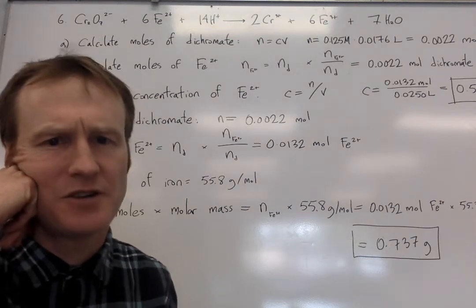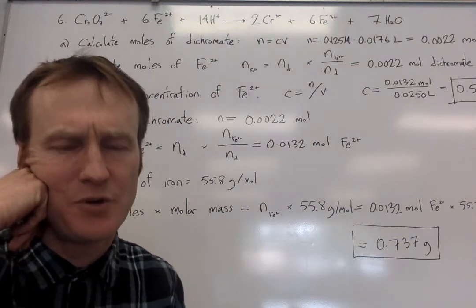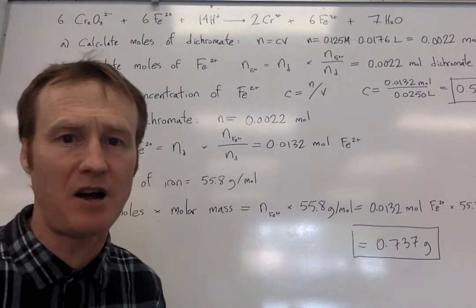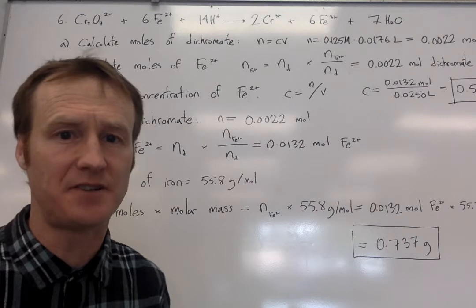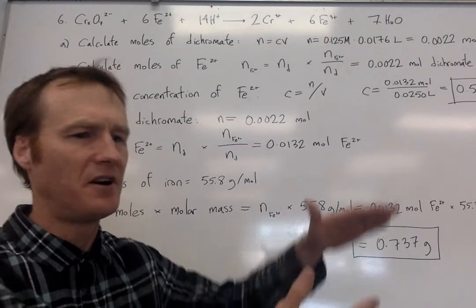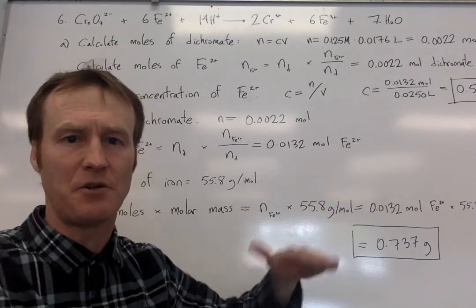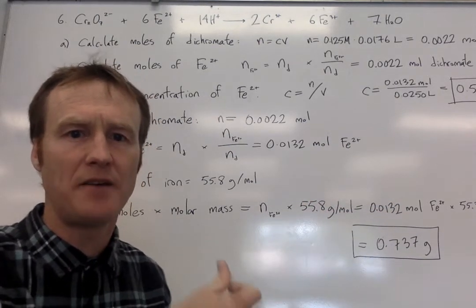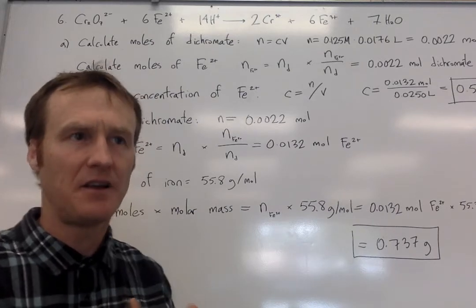A titration is described in your notes package as well. It's a procedure that is used to figure out what the concentration is of something in a solution. So typically with a titration, you're combining one reactant with another reactant, and there will be a color change when the reaction is complete.